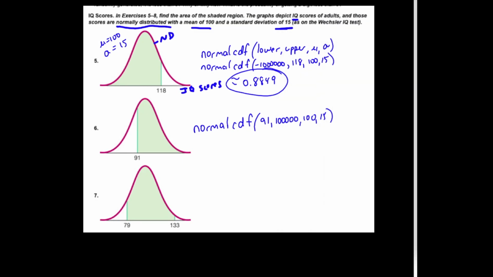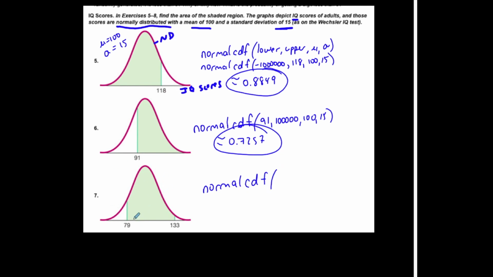So approximately 0.7257 is my area. 72.57% would be my percentage greater than 91. My probability of somebody greater than 91 would be 72.57%. All those are fair kinds of questions.